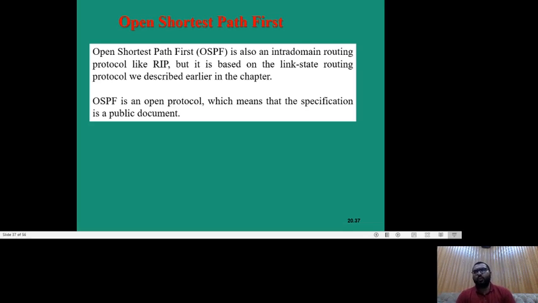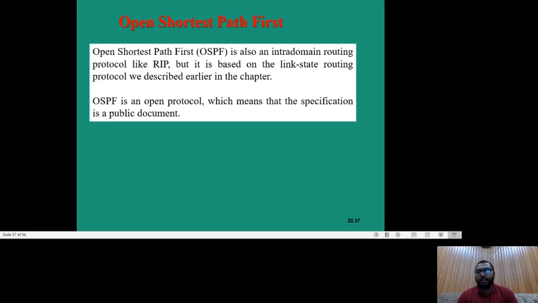Now let's move on to another routing protocol, which is called Open Shortest Path First. It is also an intra-domain routing, meaning the routing will be performed inside the autonomous system, right?